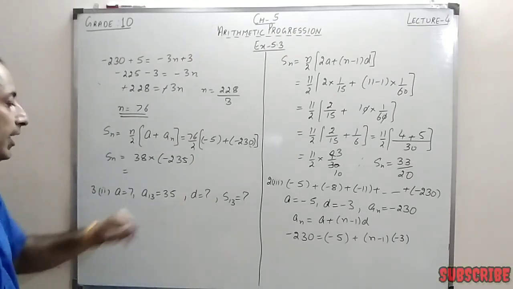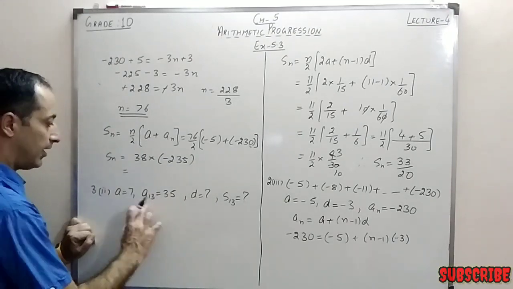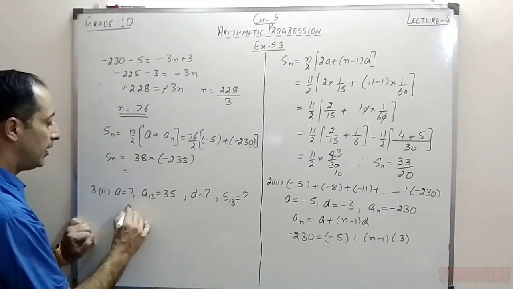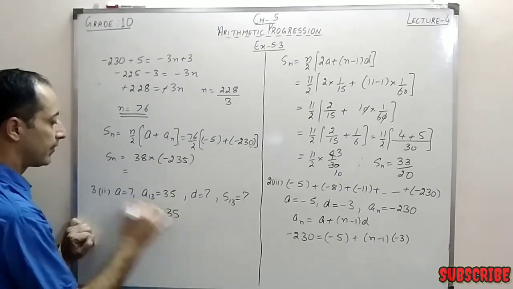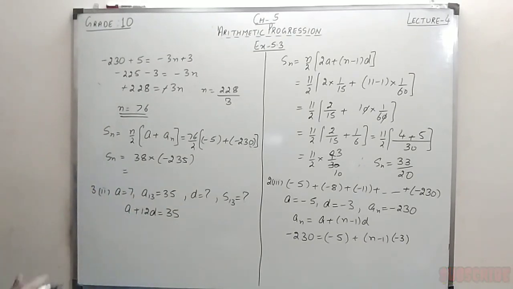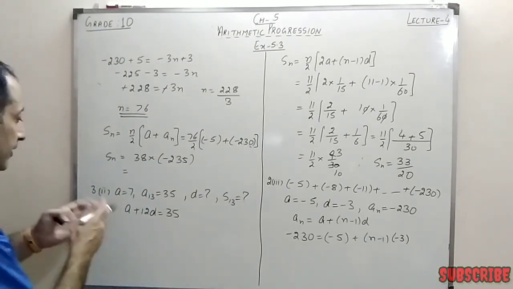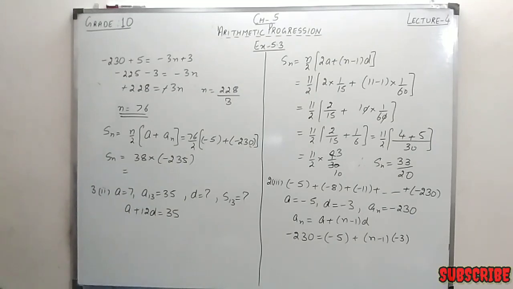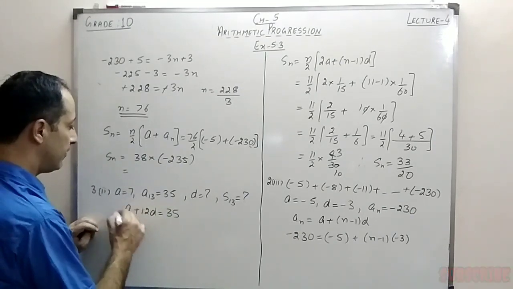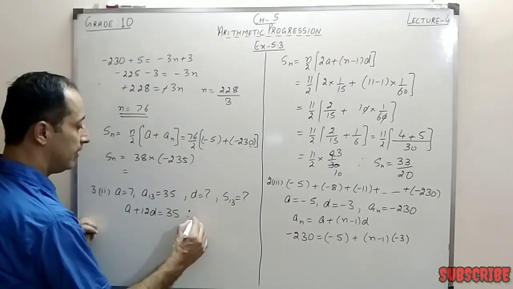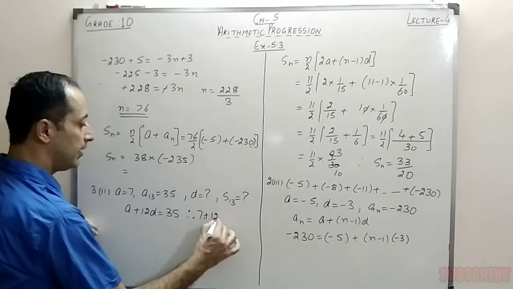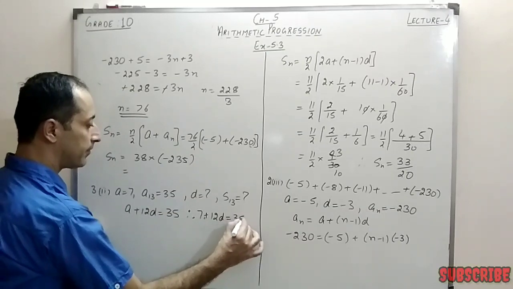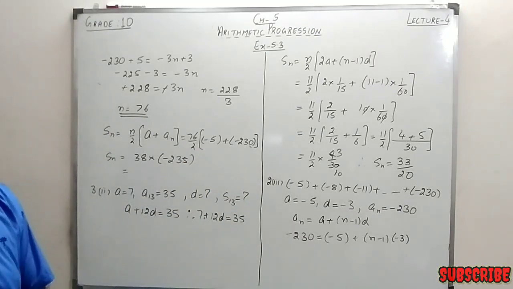These are the two things which I have to find, right? Now, for d, A13 can be written as a plus 12d equal to 35, right? Here I have the value of a, so I can find the value of d from here. a is 7, so I write 7 plus 12d equals 35. The 7 goes to the other side and gets subtracted.